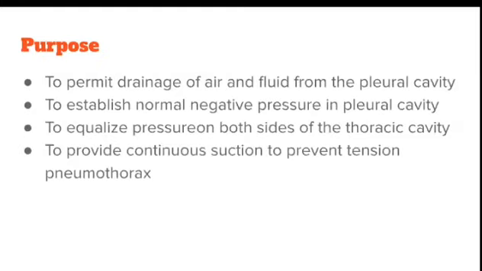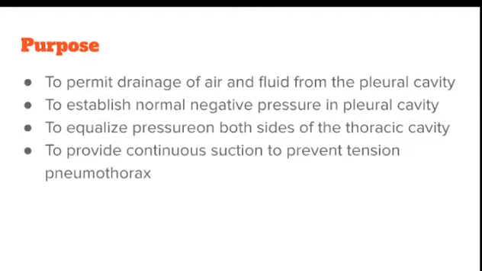What is the purpose of this intercostal drainage? It is to permit drainage of air and fluid from the pleural cavity. If an excess amount of fluid or air is present, we release it through the intercostal drainage. It also establishes normal negative pressure in the pleural cavity to equalize pressure on both sides of the thoracic cavity.